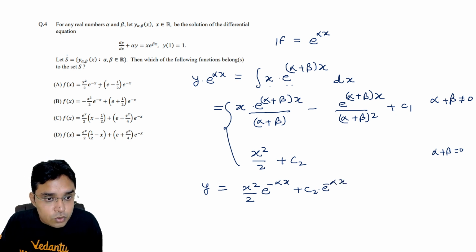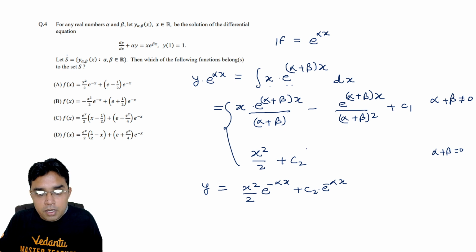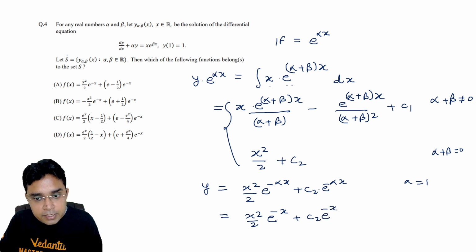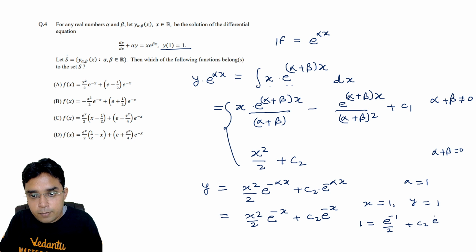Now, to see if A is correct or not, we can put alpha is equal to 1 here. In that case, this will become x square upon 2 e power minus x plus c2 into e power minus x. Now, because y(1) is equal to 1, if we put x is equal to 1, y should be equal to 1. We get 1 is equal to e power minus 1 upon 2 plus c2 into e power minus 1.